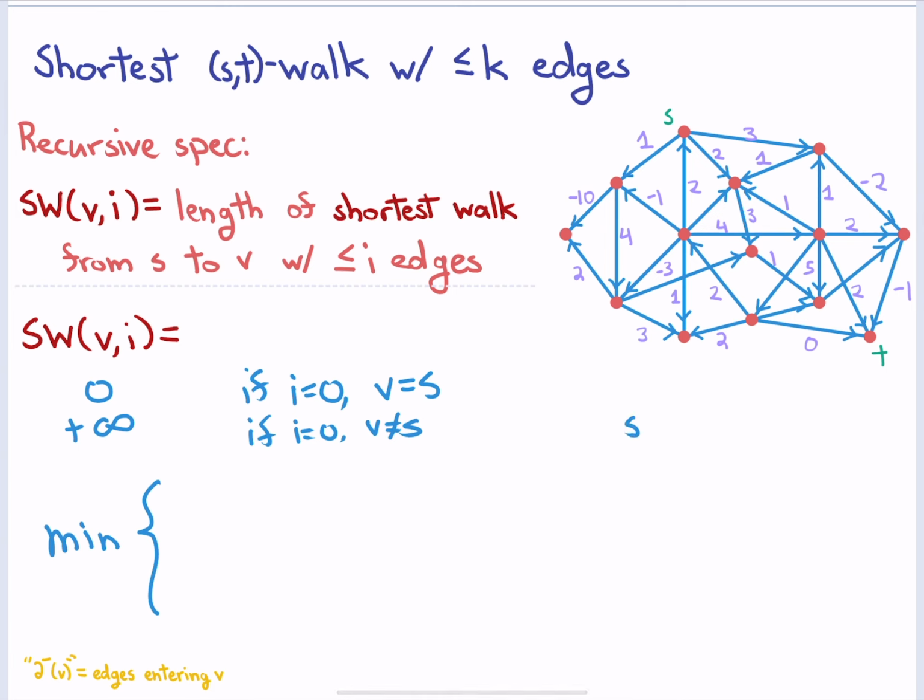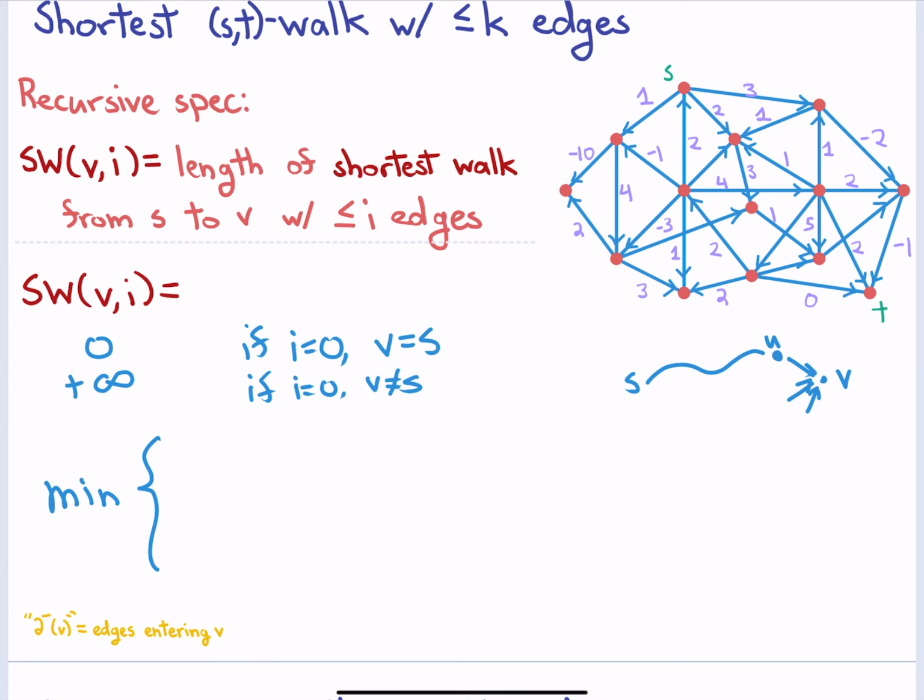Okay, yes, I think you're saying, okay, so I want to get to v, right, starting from s, and we can try to guess which edge going into v to use for the last step, right? And then from here to u, that's i minus 1 edges, so I can do some recursion.